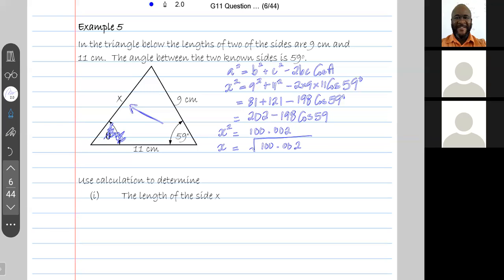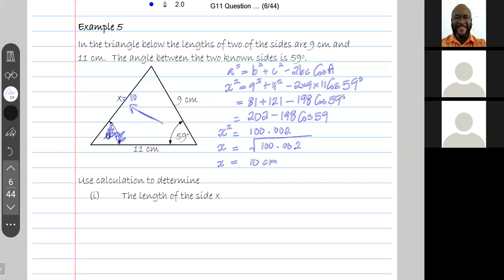All right, everybody can see that that is approximately 10. So x is equal to 10 centimeters. So here x is 10.